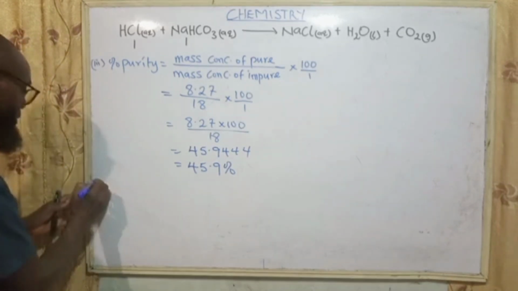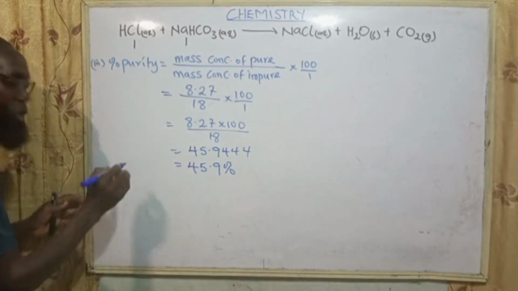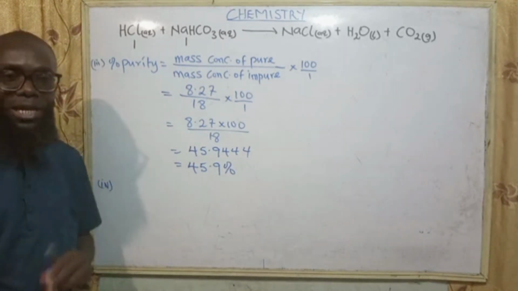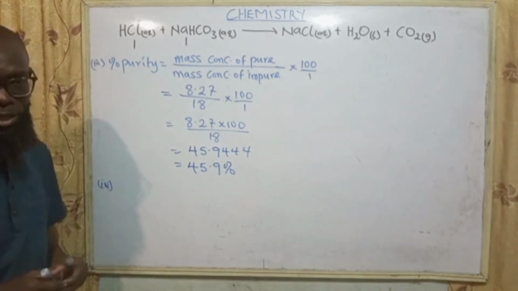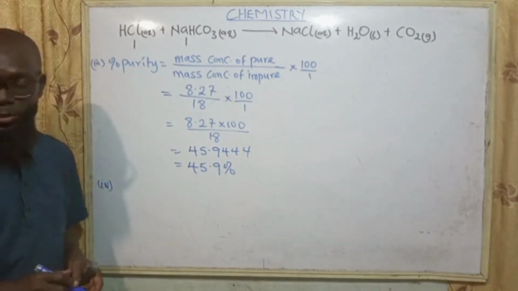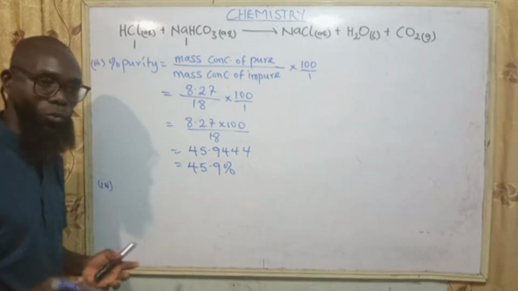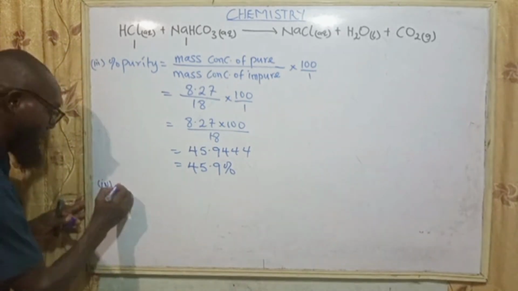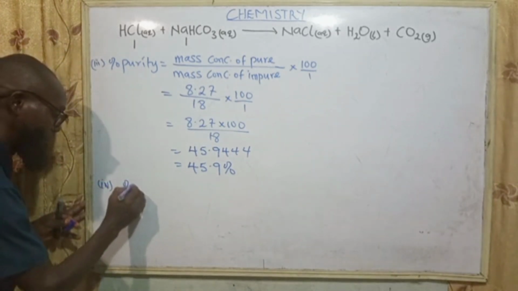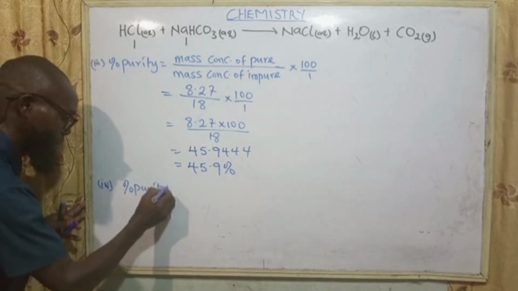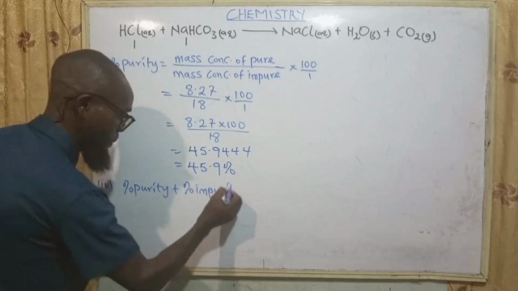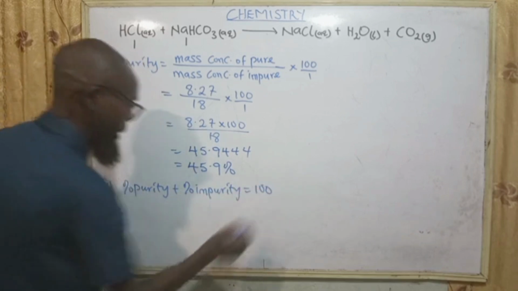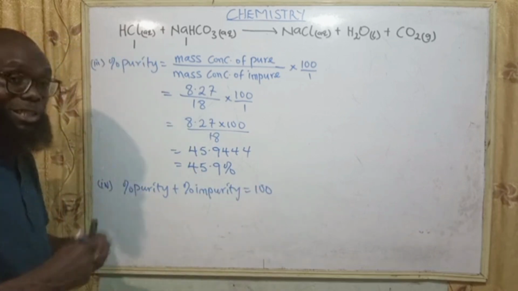The last question, which is question Roman figure 4, is to find the percentage impurity of sodium hydrogen carbonate. So we know that percentage purity plus percentage impurity, total percentage is 100.